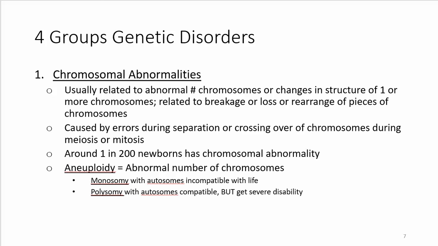Polysomy is when you have 3 or more copies of the chromosome, and it's not a pair. This may be compatible, but usually there is a severe disability with it.